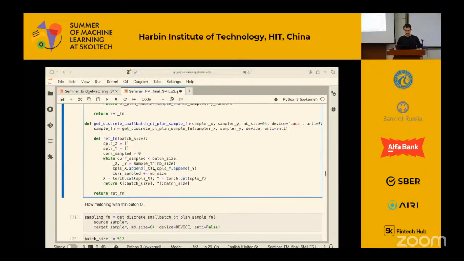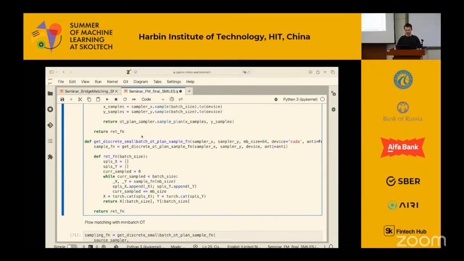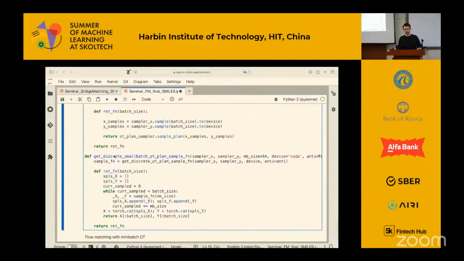All right, so we implement the sampler, which is very similar to the independent one that we implemented earlier. Another thing we do here: constructing this mini-batch optimal transport plan requires, I think, cubic time in terms of the number of samples, so if your batch is very big, you have to do a lot of computation.